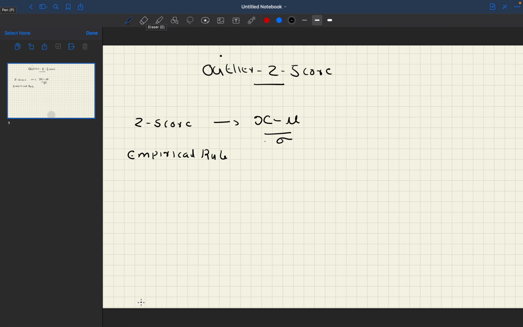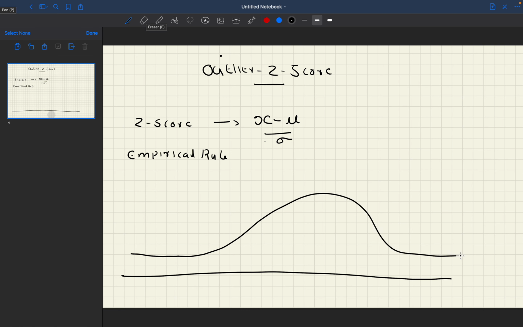So for example, let me try to draw here. Consider a normal distribution. My drawing is not accurate, but consider this as a normal distribution. If this is the mean, consider it as mean 0.